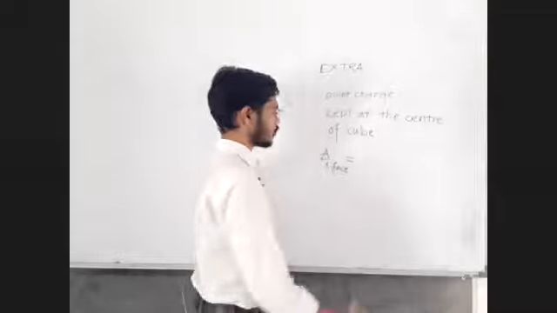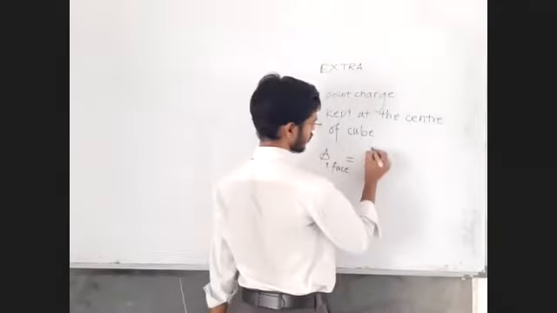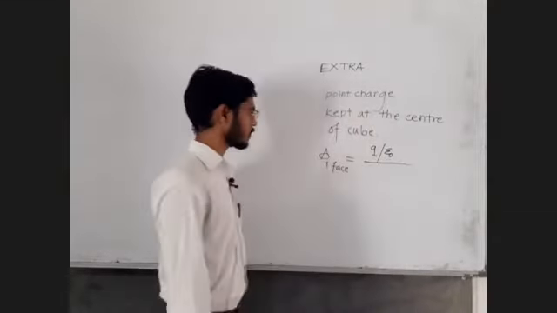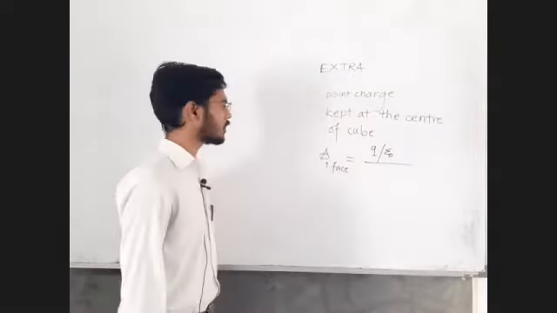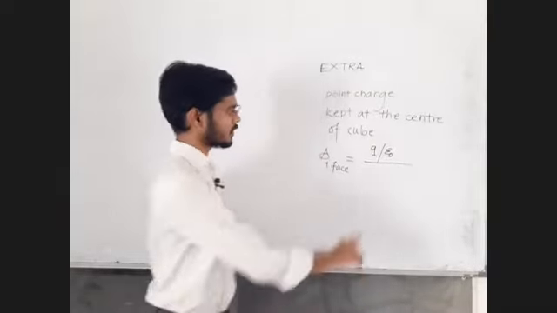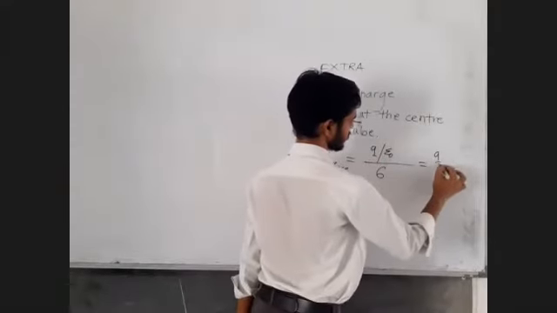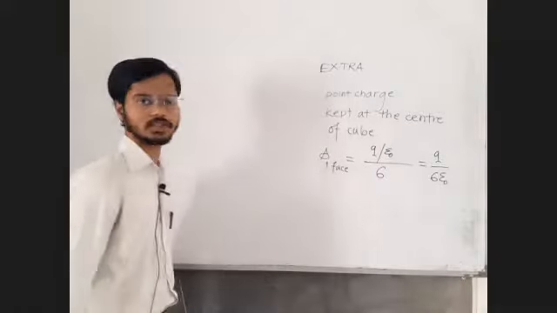Therefore charge q will emit how many flux? q upon epsilon 0. Flux through one surface will have a share equal to 1/6 of the total flux, the total flux upon 6. Sir, this thing we already know. Yes. Now my question.